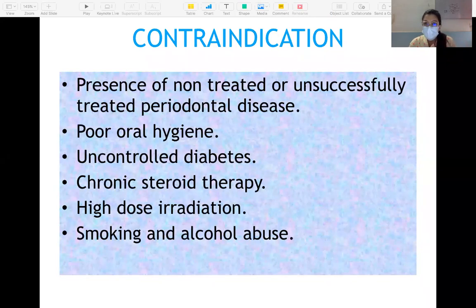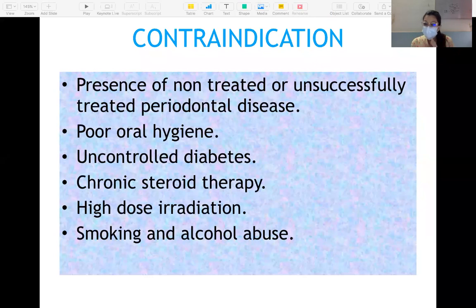Where they are contraindicated is very important because there are a lot of systemic diseases where implants cannot be placed. Also, patient compliance becomes very important. It's not like dental implant is the treatment. It is one type of prosthetic treatment which has better prognosis and durability in certain situations or in certain patients compared to other treatment modalities.